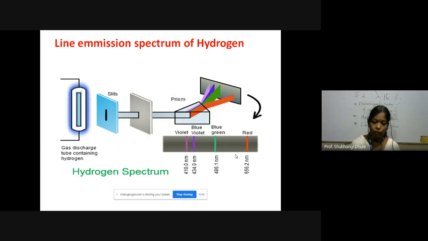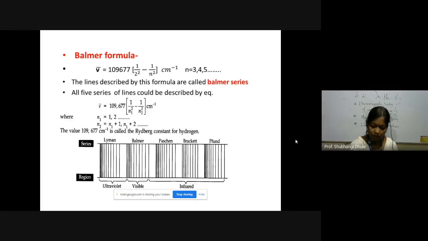If this is observed in different regions, we get different line patterns. The scientist called Balmer used a formula to describe these lines, meaning which frequency each line corresponds to.